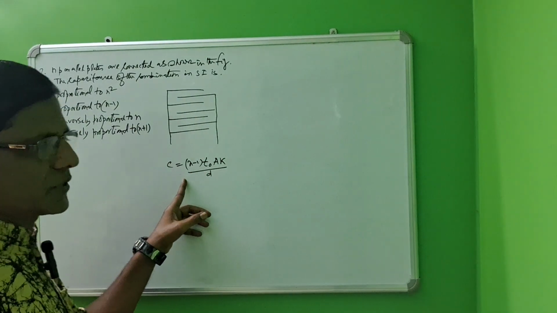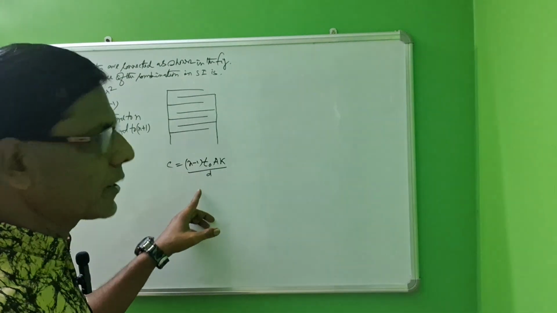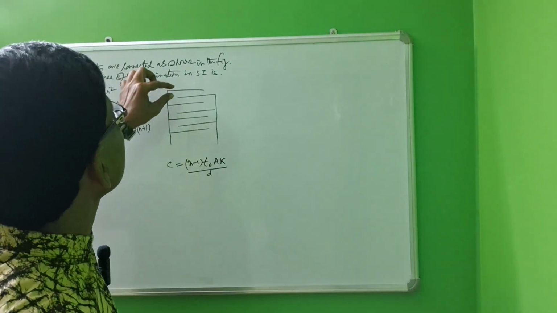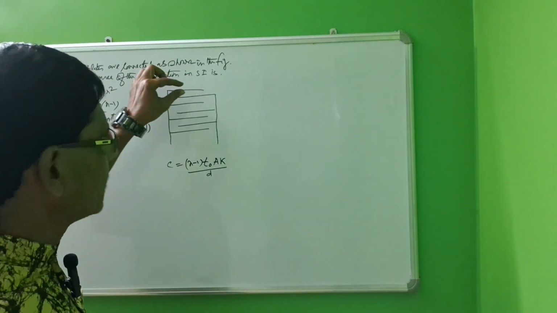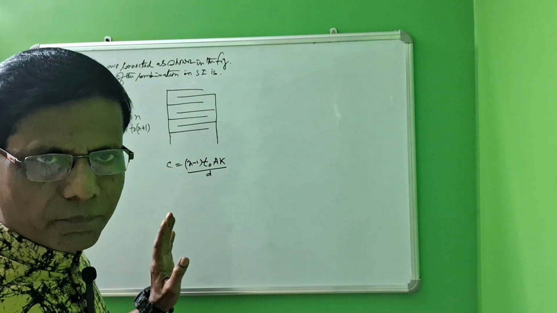Then the equivalent capacitance will be n minus 1 K times epsilon 0 A upon D, where D is the distance between two consecutive parallel plates.